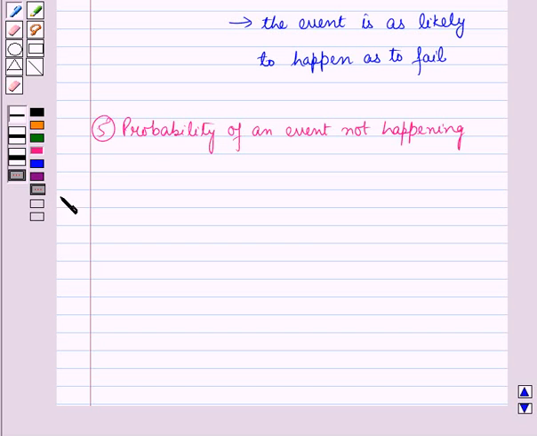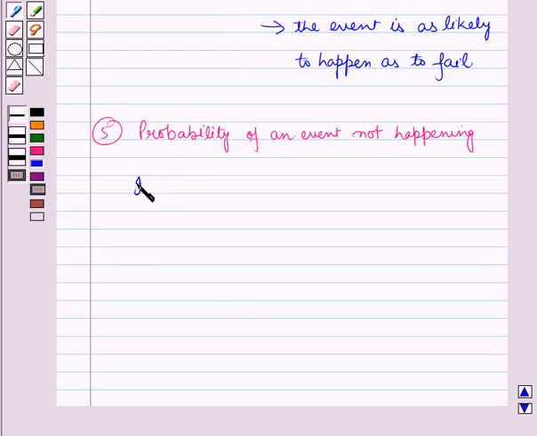And now let us discuss the probability of an event not happening. Consider the case of rolling a die. The probability of getting an even number, let it be P of E, is equal to the number of favorable outcomes, which is 3, over the total number of outcomes, which is 6. So this is equal to 1 by 2.